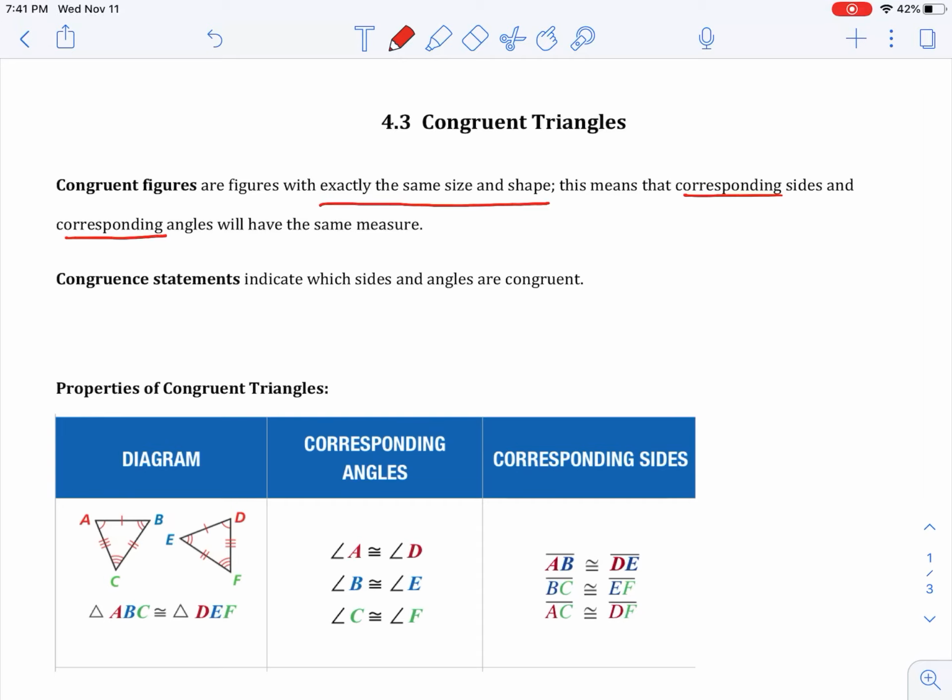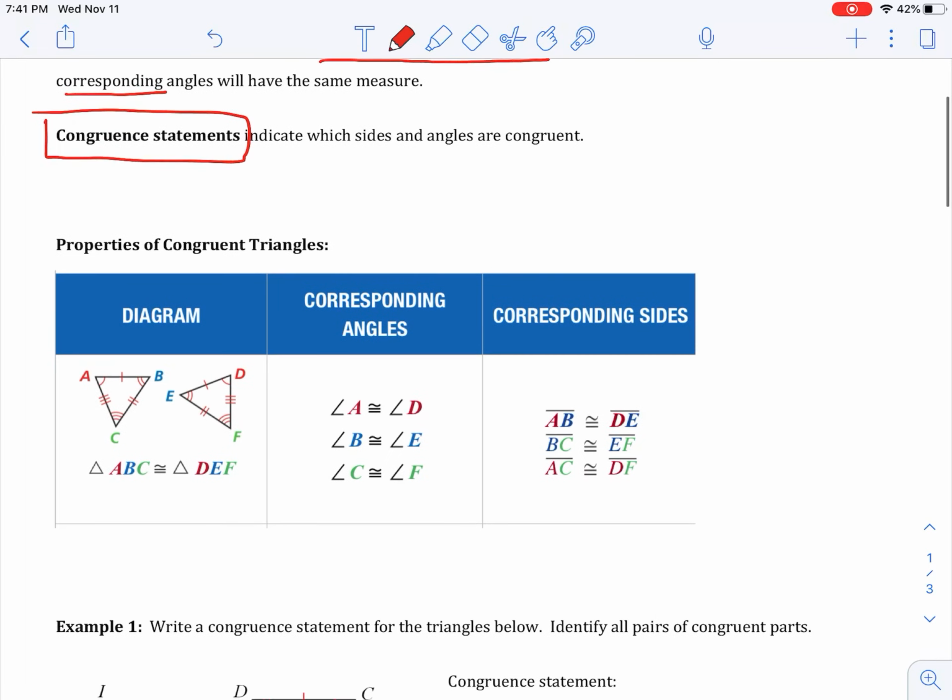So we want to talk about this word congruent statement. A congruent statement indicates which sides and angles are congruent. So if we come down here and look at this spot where they say triangle ABC is congruent to triangle DEF, that is actually called a congruence statement. This is what we mean by a congruence statement.